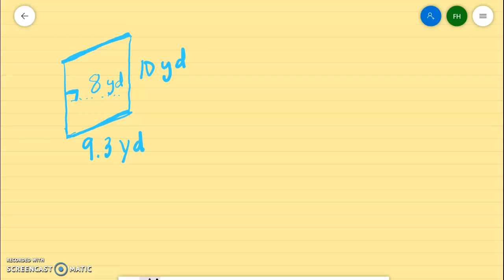Okay, for this one, it's a parallelogram, and remember the formula is base times height. Now remember, your base is your top and your bottom, and the height is the measure from one base to the other at a right angle. So we know this right angle here is your height.